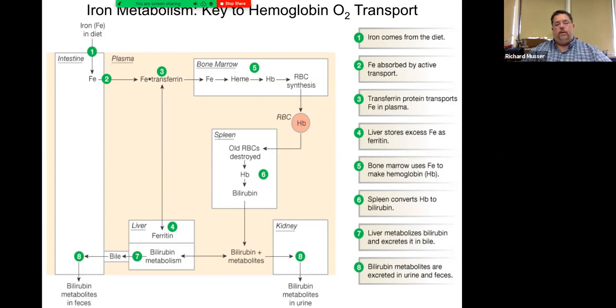Or the bilirubin will undergo some more metabolism in the liver, where the gallbladder is located nearby, and then the bile will go into the gallbladder and then be part of the bile duct that will go into the intestine to help in absorption of fats.